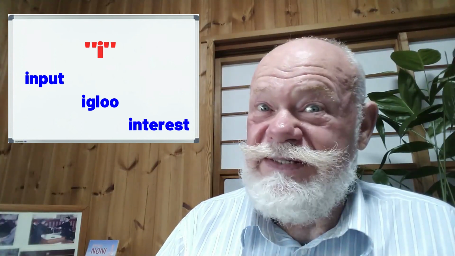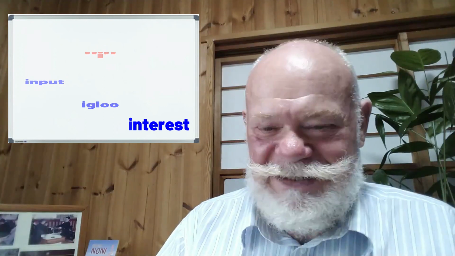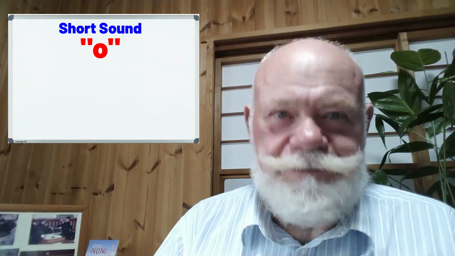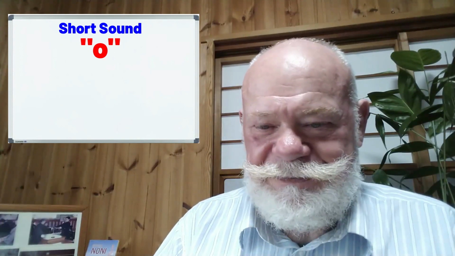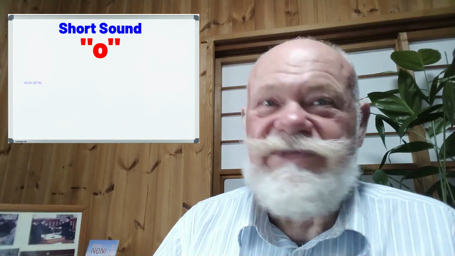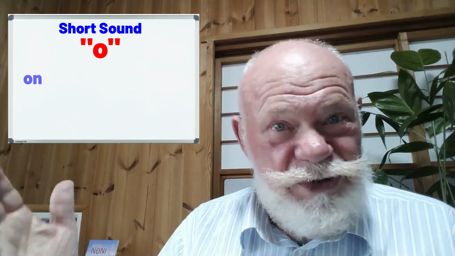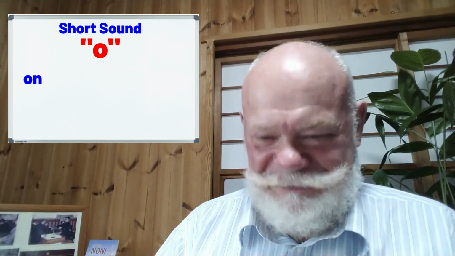What are you interested in? Let's go to the next one, the letter O. The letter O is not pronounced O except for in certain spelling. We pronounce the letter O. For example, on, for on the desk, on the computer, online.